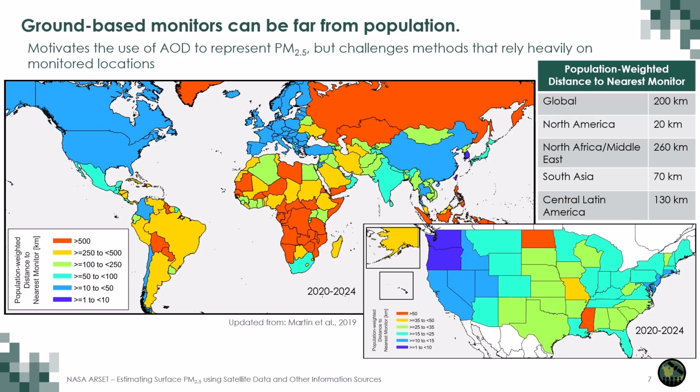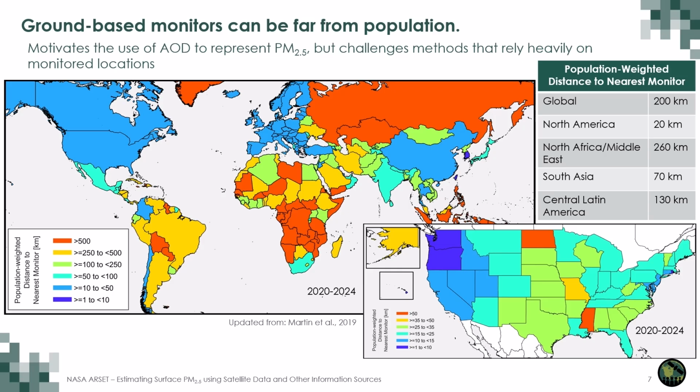Populations within South Asia as a whole typically reside within 70 kilometers, Central Latin America within 130 kilometers, and North Africa, Middle East typically within a few hundred kilometers. Even over a monitor-dense region such as North America, the typical distance can vary significantly, from less than 15 kilometers over western states to 25 to 50 over more central ones.